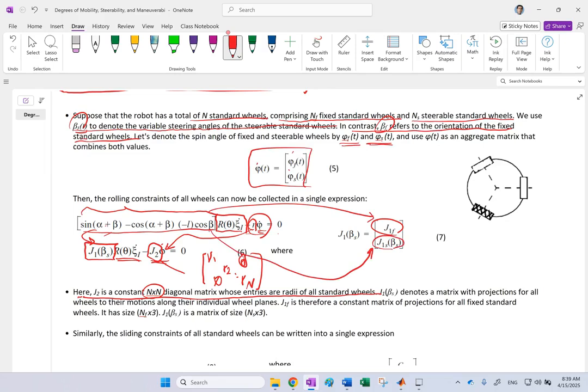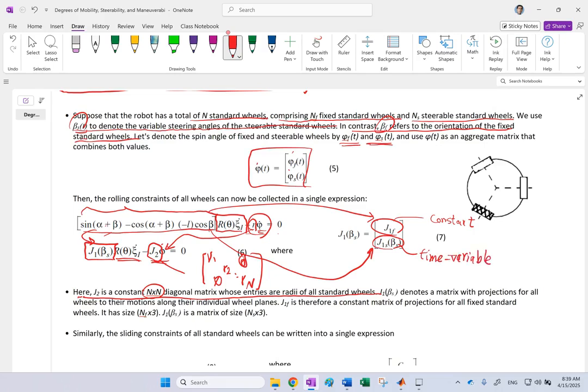Now you might say, why didn't you say J1F of beta F? Well, you can do that, but remember that beta F is constant. So this J1F is just going to be a constant submatrix, while this one is time variable, because your betas are time variable.